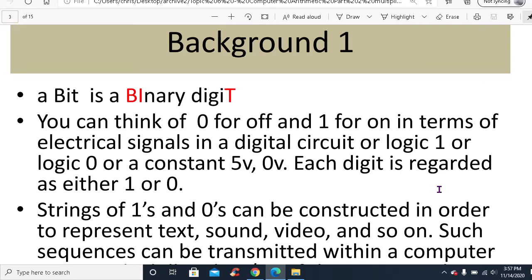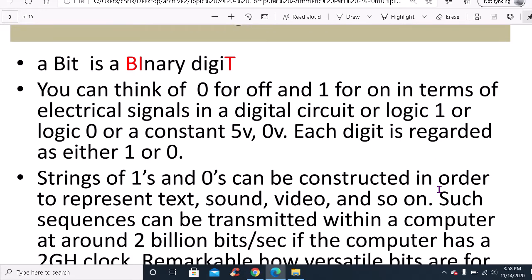So strings of 1s and 0s can be constructed in order to represent anything you want: text, sound, video, your weight, whatever it is. You can always represent data by means of a mapping into a sequence or sequences of binary data. And it's worth remembering that a binary sequence can be transmitted within a computer at very high speed.